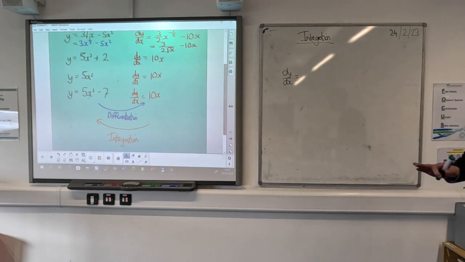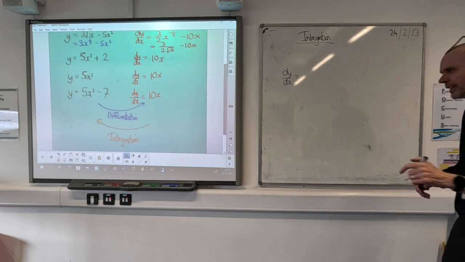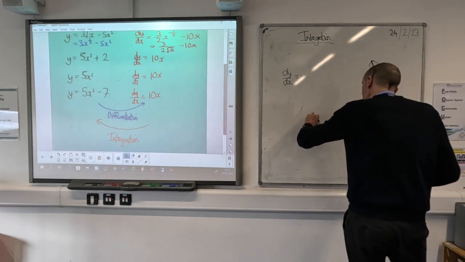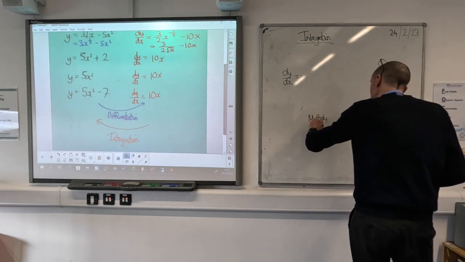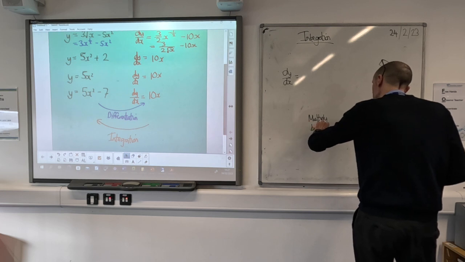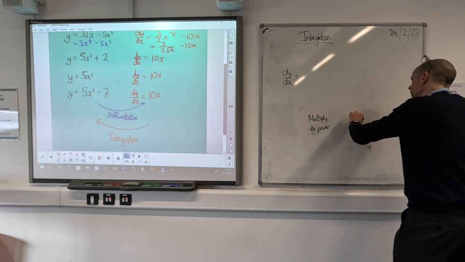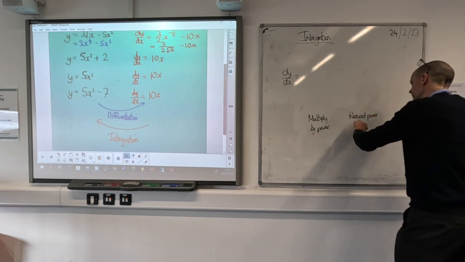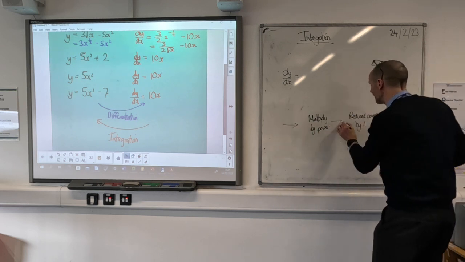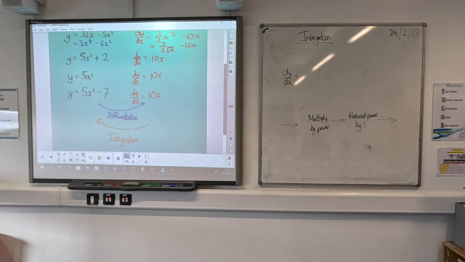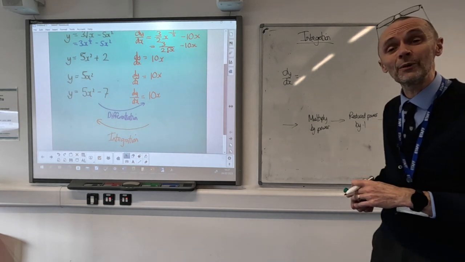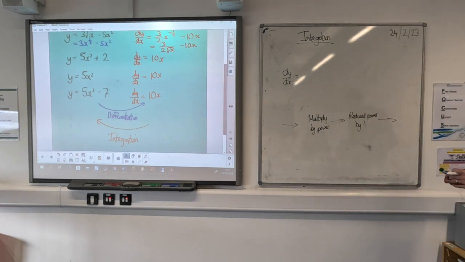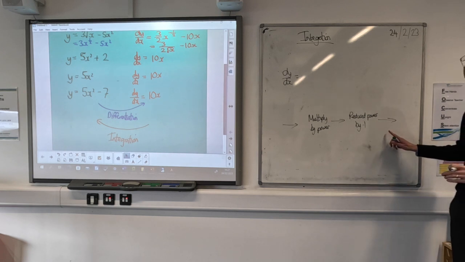But let me remind you how we differentiate. We multiplied by the power and reduced the power by 1. That's how we differentiate. So I'm hoping that as intelligent mathematicians you can see how we do the reverse process. We undo what gets done.